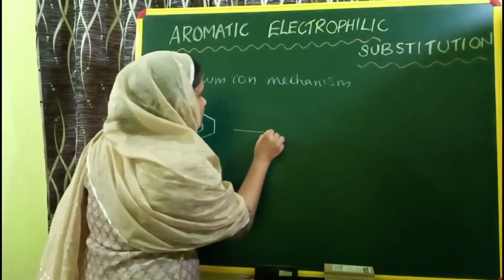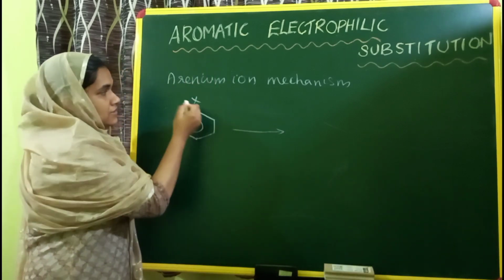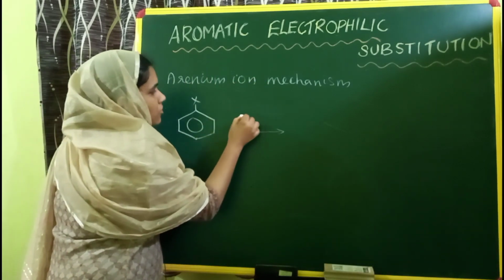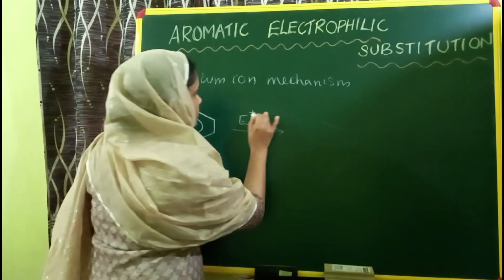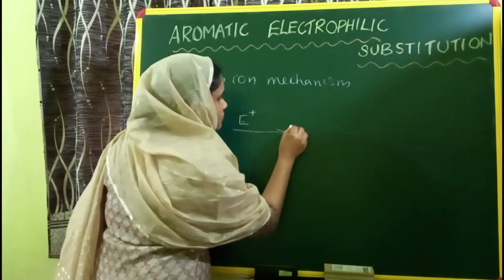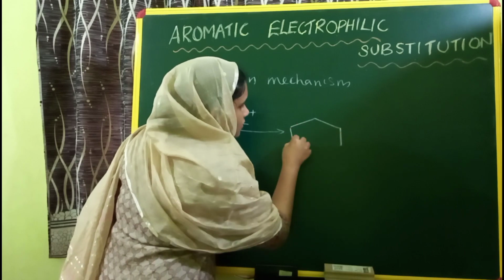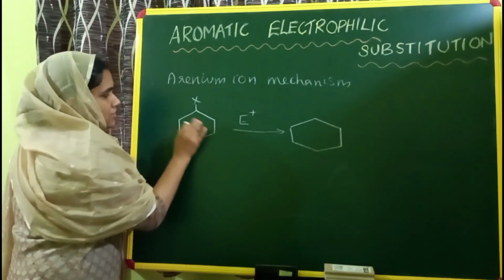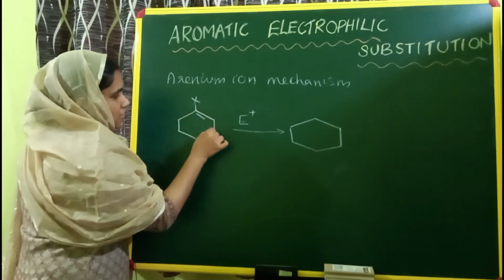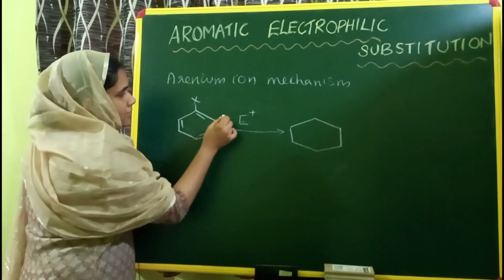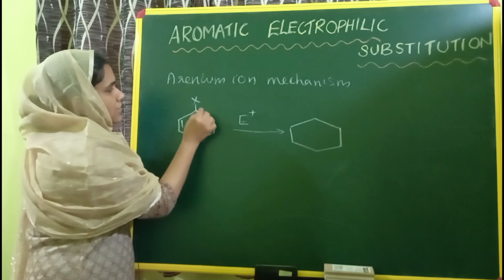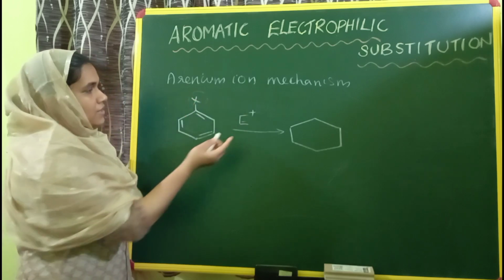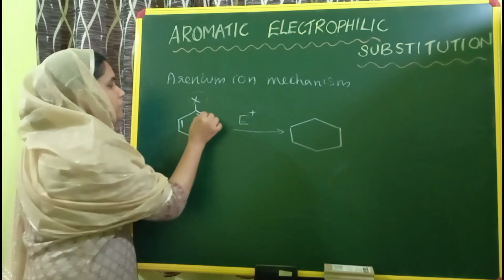The next step is addition of this electrophile over here to form an arenium ion. You can write one resonating structure like this, where this X is replaced by this E+.